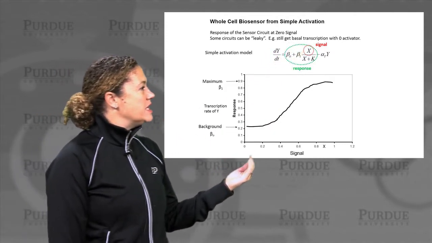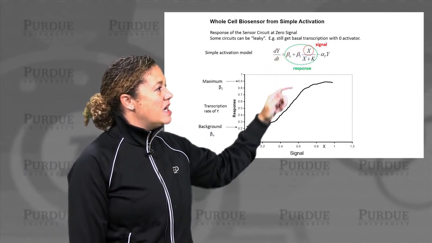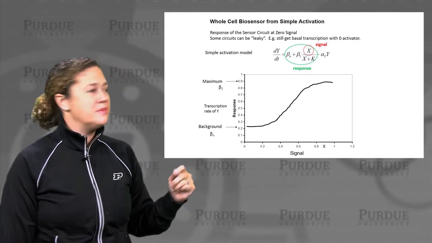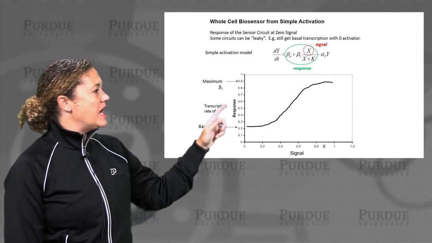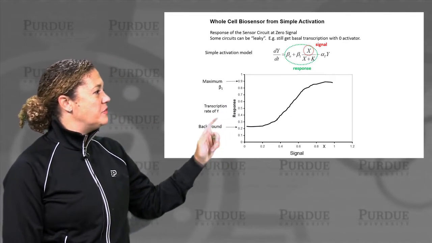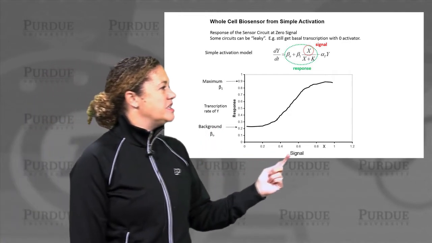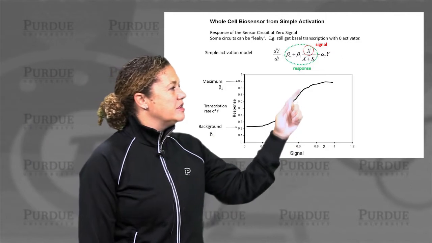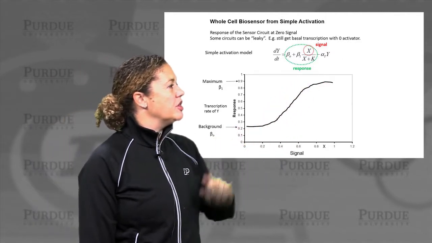So now if we think about the production rate of our response gene, our GFP, our fluorescent molecule, as our response, and we plot the transcription rate of that response gene, Y, as a function of our signal, S, we get our familiar Hill function type sigmoidal curve here.